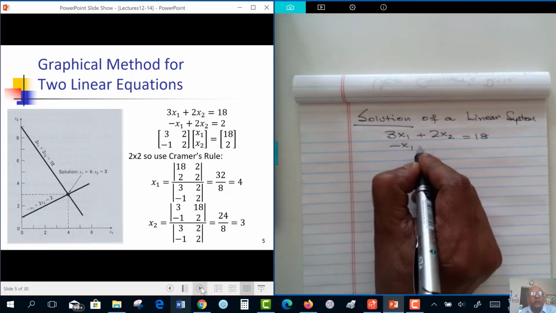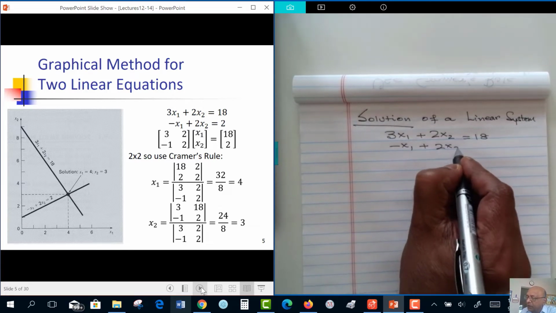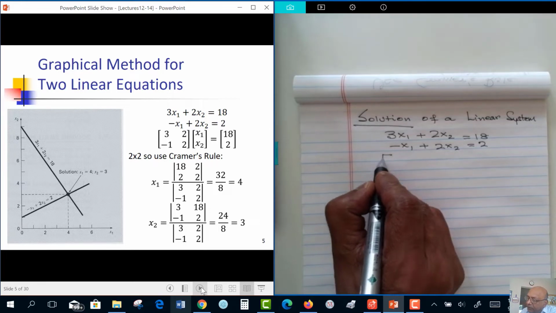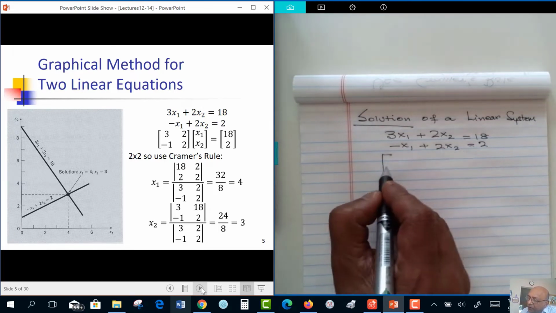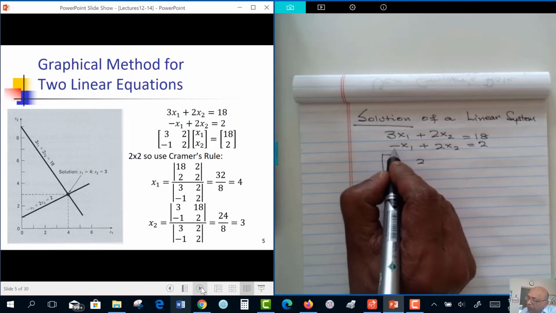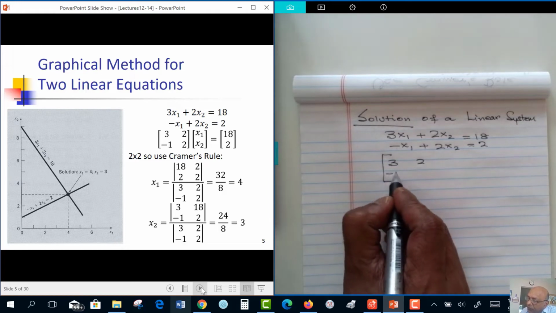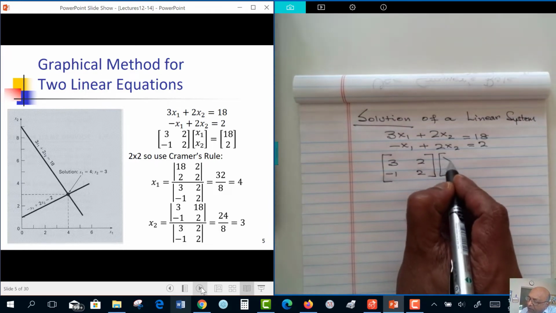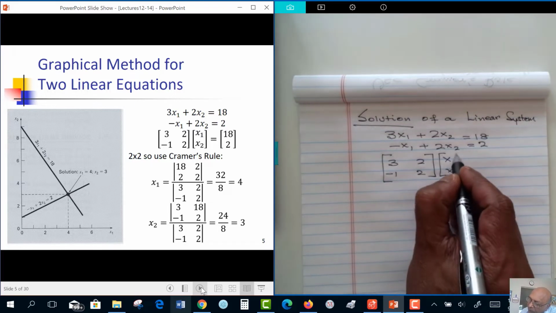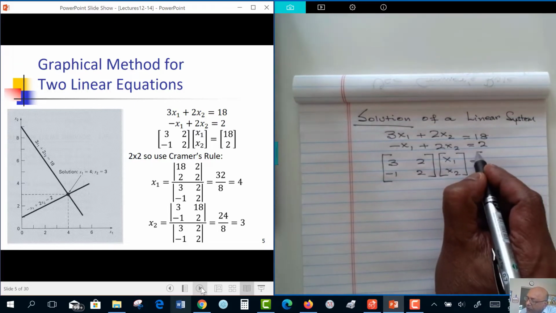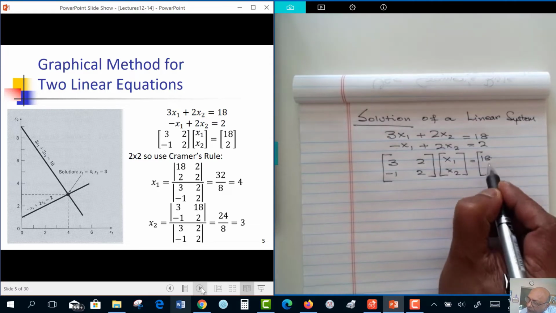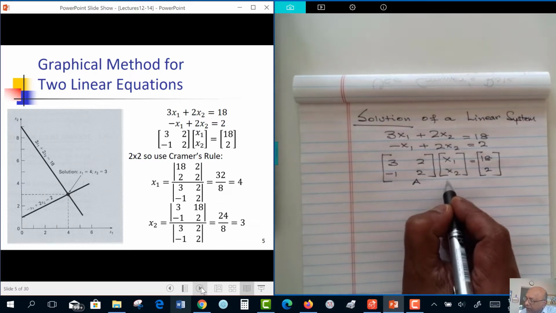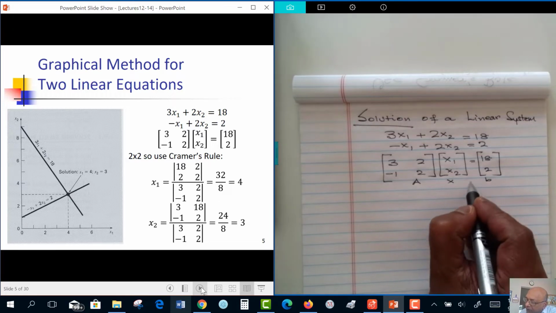Minus x1 plus 2x2 is equal to 2. Let's state that in matrix form. We'll pick up 3 and 2, minus 1 and 2, times x1, x2 is equal to 18 and 2. Right? This is matrix A, X, B.